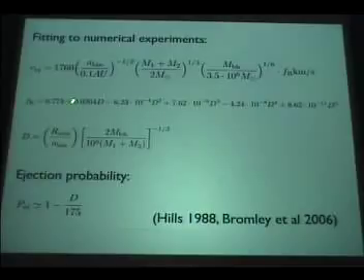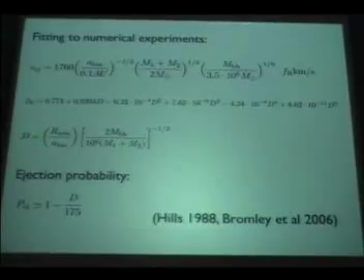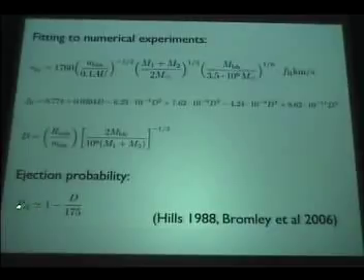The D here, I should explain, is simply a measure of how close we get to the black hole. What they find numerically on a computer is that the probability of ejecting a star when you throw the binary into the black hole is a function of this penetration parameter D, given by this term here. The ejection probability is 1 if you're very close, in other words, you always break up the binary, always eject.